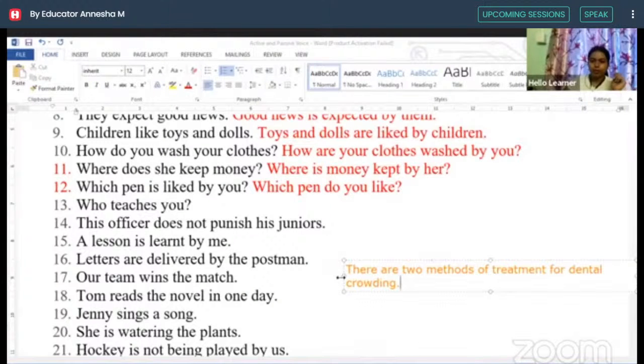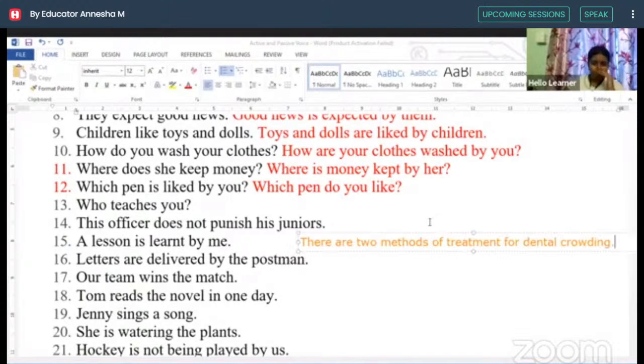There are two methods of treatment for dental crowding. All right. So dental crowding is basically when you have too many teeth in your mouth. That is called dental crowding. Okay. And look at the sentence. There are two methods of treatment for dental crowding.